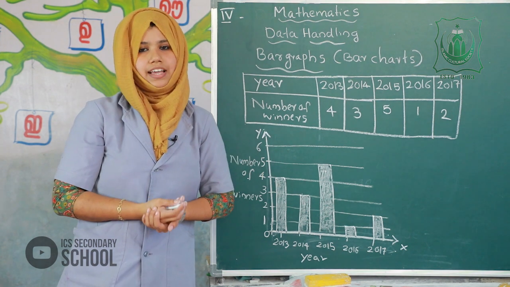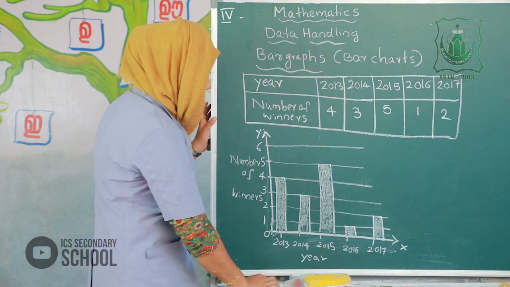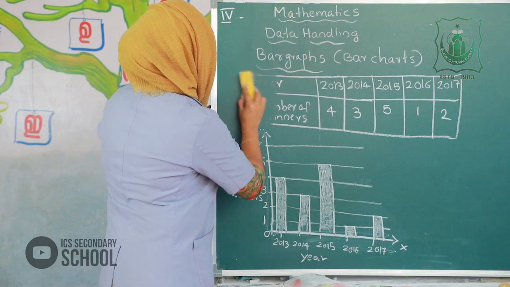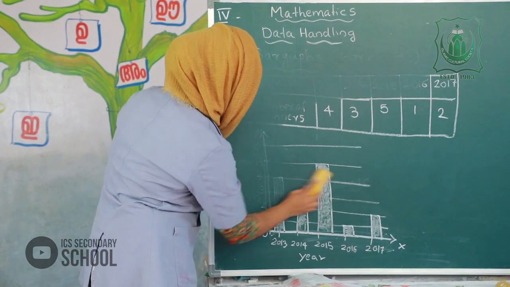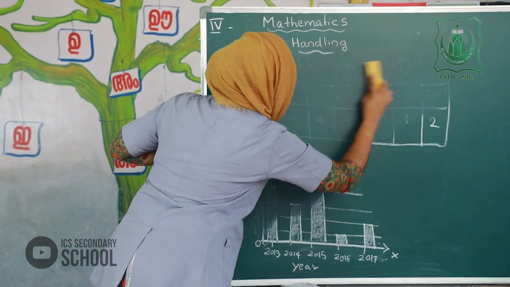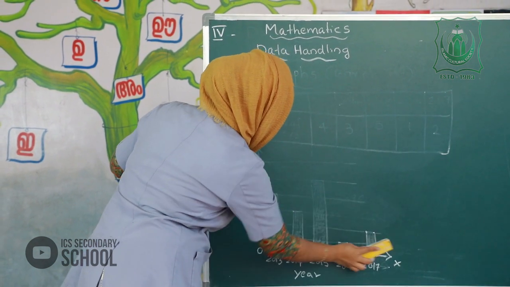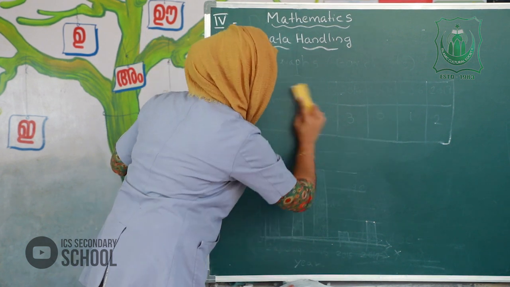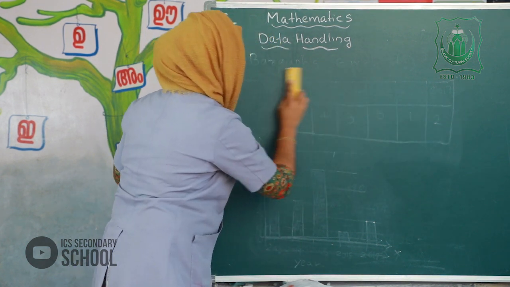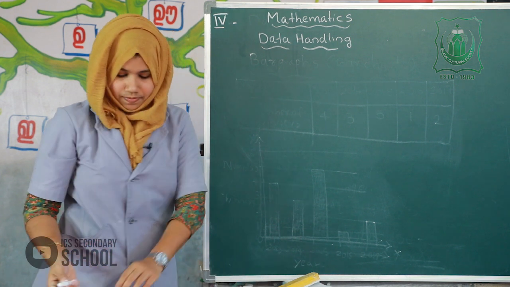Move on to our next example. So it is easy to draw bar graphs if you get any information, and we can compare the data also.